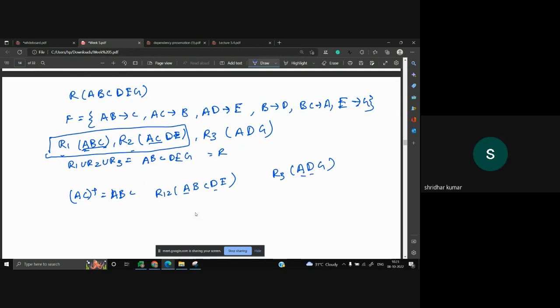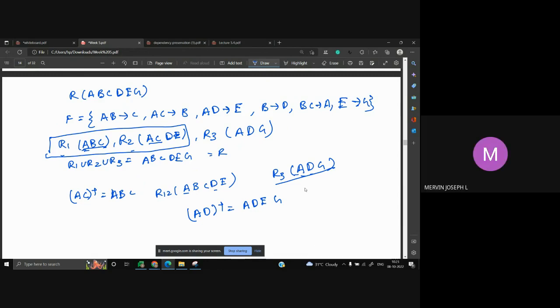You have to find the AD closure. What will we get for the AD closure? A, D, E, G. Then you can say that AD is the key in the R3 table because AD, G are coming.